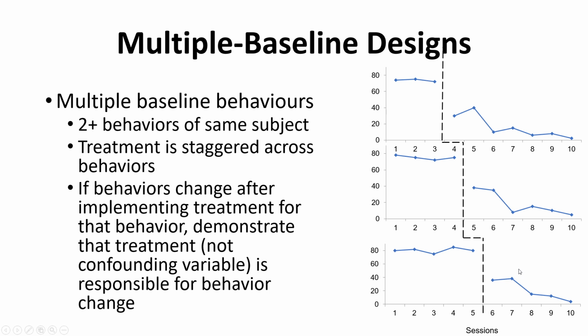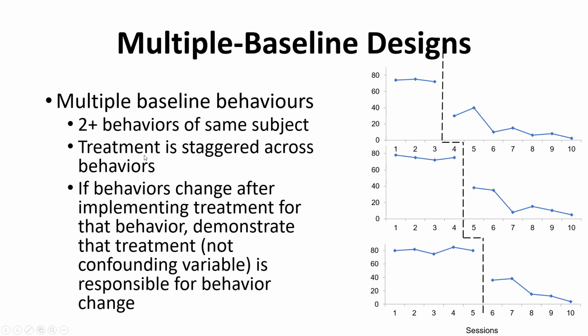We're still looking at individual number 1, and at the top we might be looking at how long they're able to maintain eye contact, or the number of appropriate responses they're able to give, or whatever behaviors you want to look at. If I'm talking about length of eye contact or number of appropriate responses, this might be a behavioral intervention with an individual with autism to try and encourage more neurotypical interactions with others.